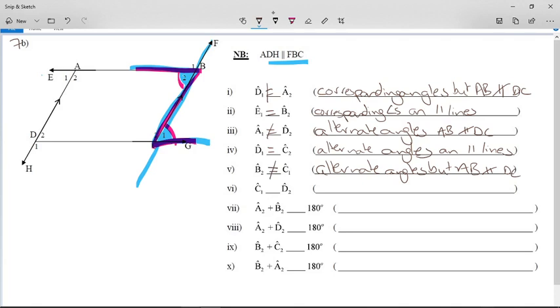Now it says C1 and D2. Here is C1, and here is D2 over here.